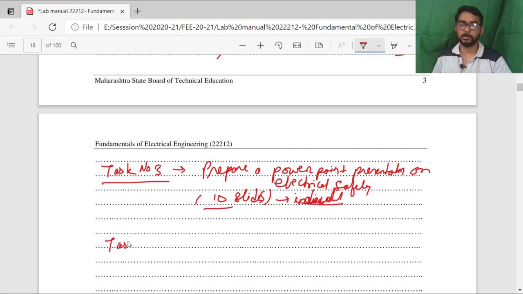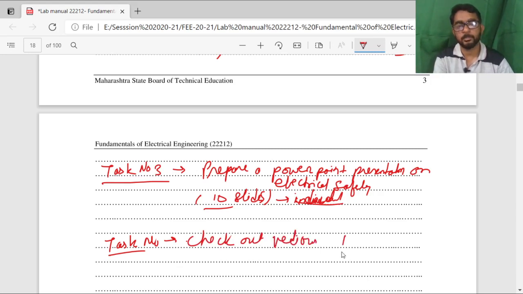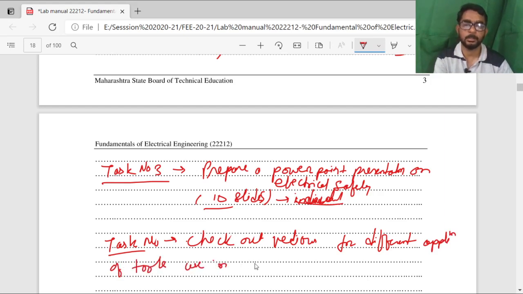Then task number 4. The student will check out videos for different applications of tools used in electrical engineering.